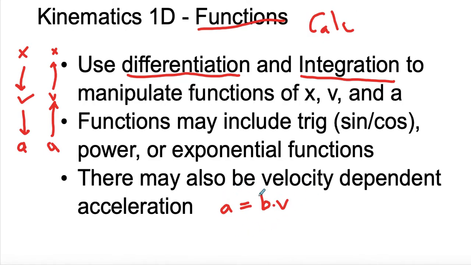That's a little bit different for you, and your acceleration would have to be expressed in terms of velocity, which is dv/dt, and then equals b times v, and you would then need to solve this as a calculus problem using functions. So we will cover that later.